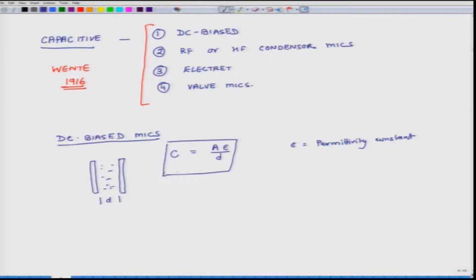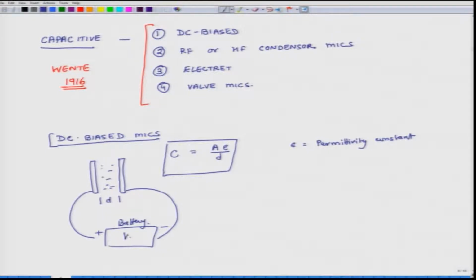Now, the way this microphone works is that in a DC biased microphone, they connect this to some battery. So, this may be the positive end and this may be the negative terminal, and the battery voltage could be as high as 150 or 300 or 400 volts. So, it is a good amount of voltage.